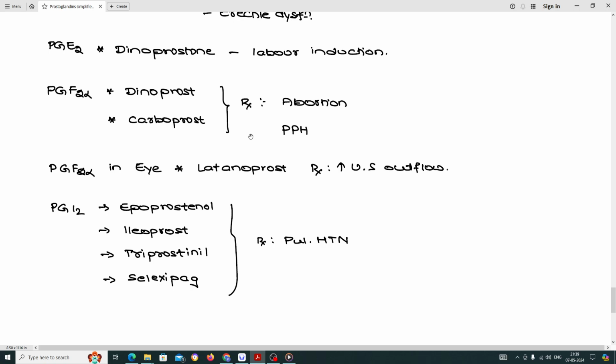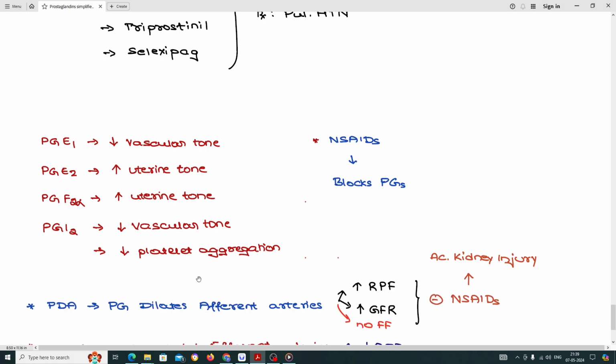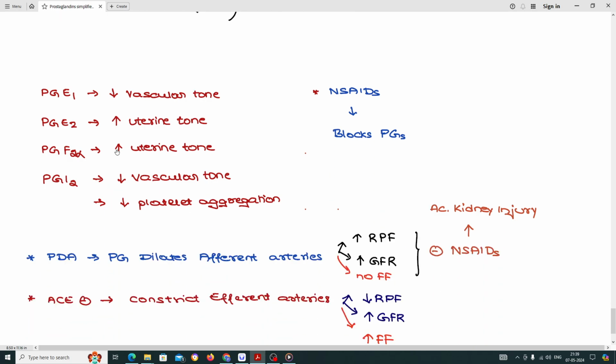They are used in the treatment of open angle glaucoma, where they increase the uveoscleral outflow and reduce the pressure. The prostacyclin analogs are useful in the treatment of pulmonary hypertension. Examples are epoprostenol, iloprost, treprostinil, and selexipag.